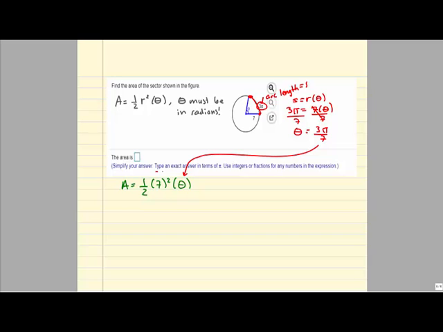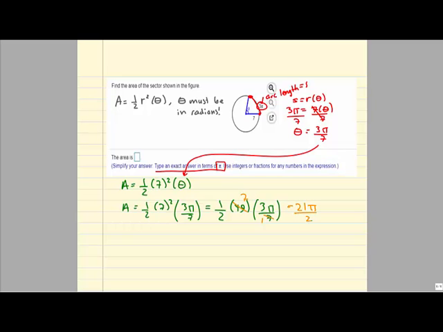Now, the directions say to type in exact answers in terms of pi. So that is some good direction. So A equals 1/2 times 7 squared times 3 pi over 7. So 7 squared is 49. 7 goes into 49 7 times, and 7 times 3 is 21.